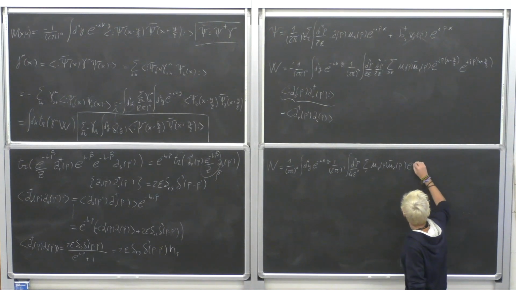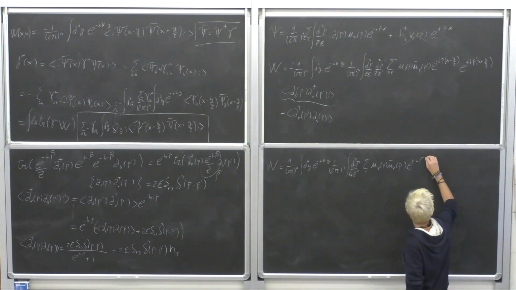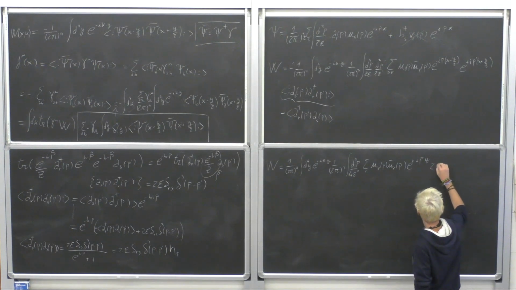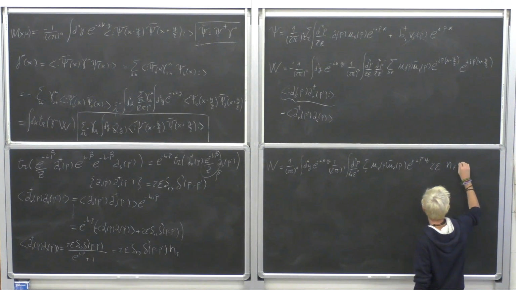And we just have e to the minus e p, plus y. And finally, 2 epsilon Fermi-Dirac distribution.